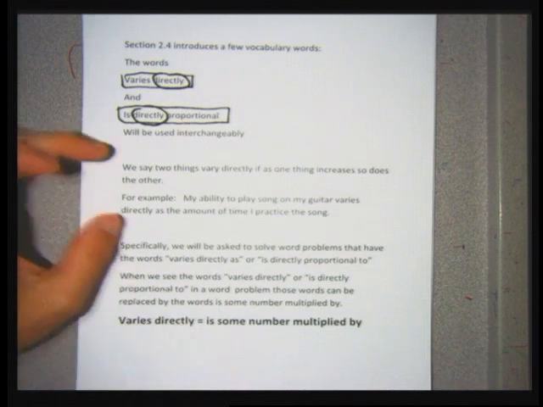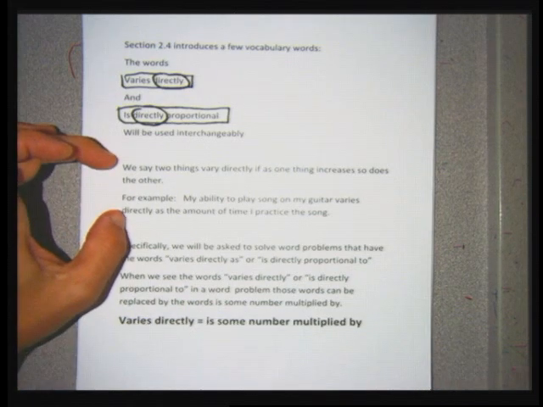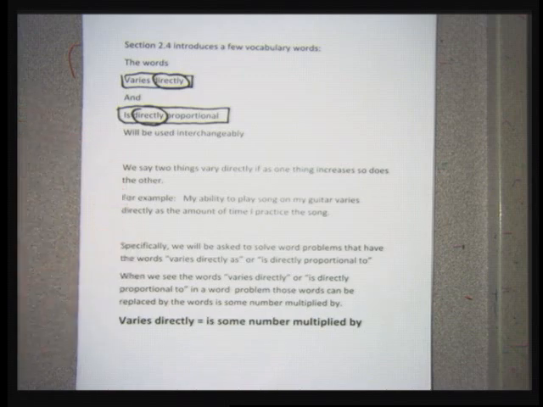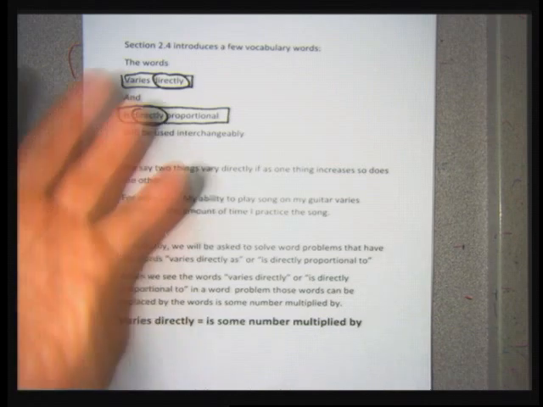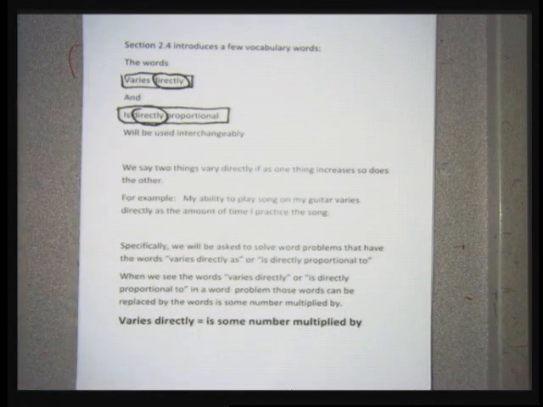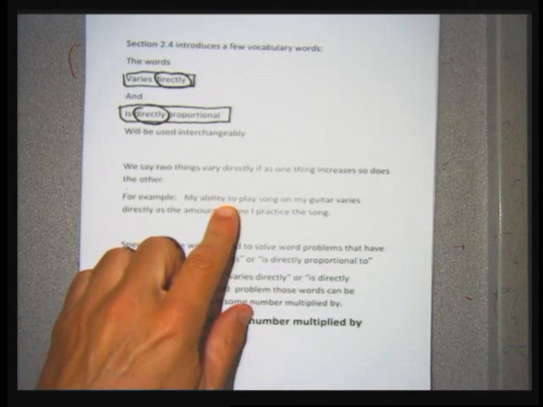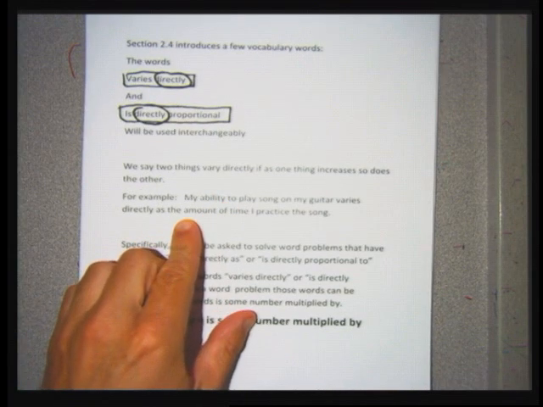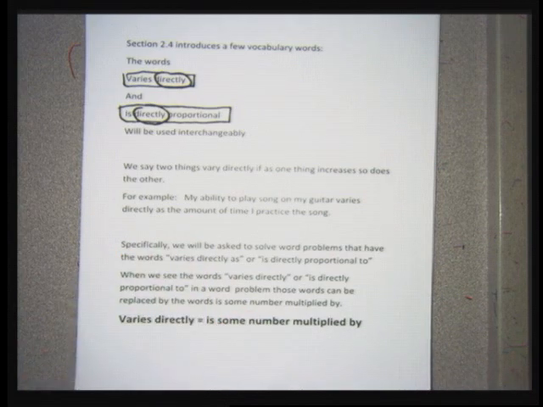From a non-algebra perspective, we can say that two items vary directly if as one of the items increases, so does the other. For example, I wrote an example here that is supposed to help you understand how these words might be used in a non-algebra setting. My ability to play a song on my guitar varies directly as the amount of time that I practice, meaning my ability goes up as the amount of time that I practice goes up.